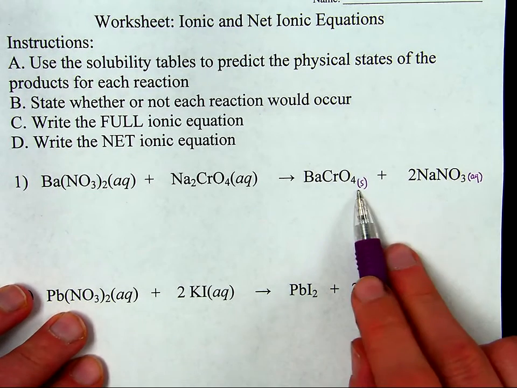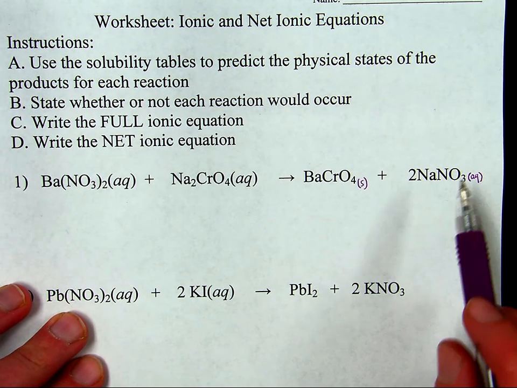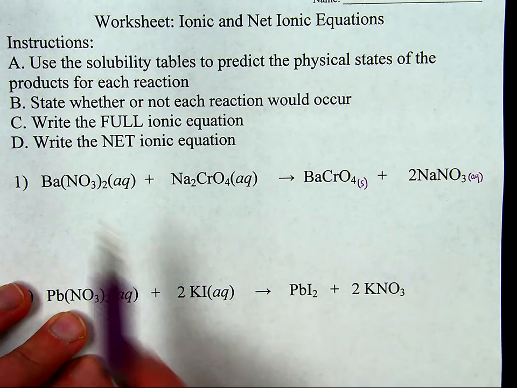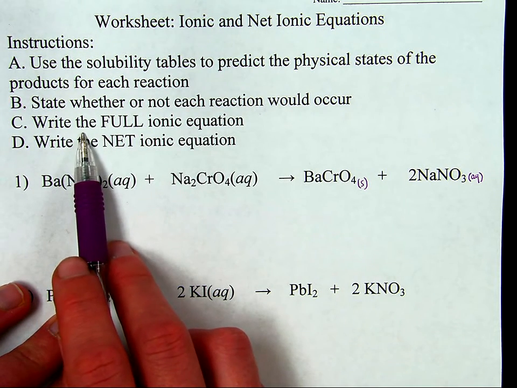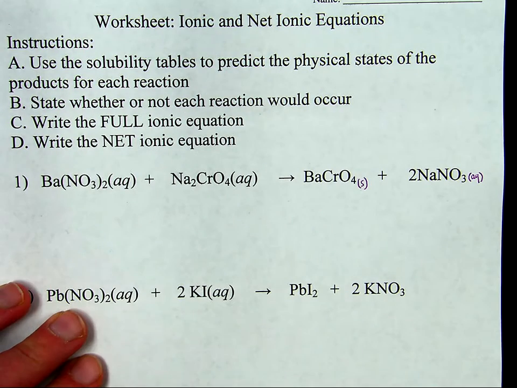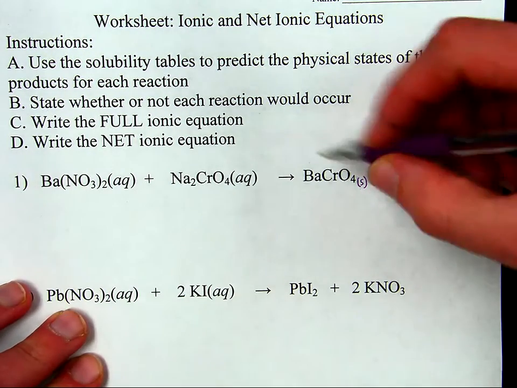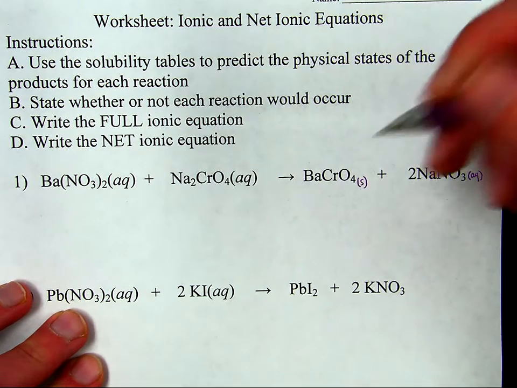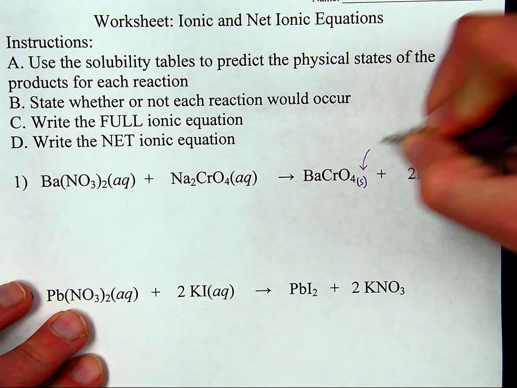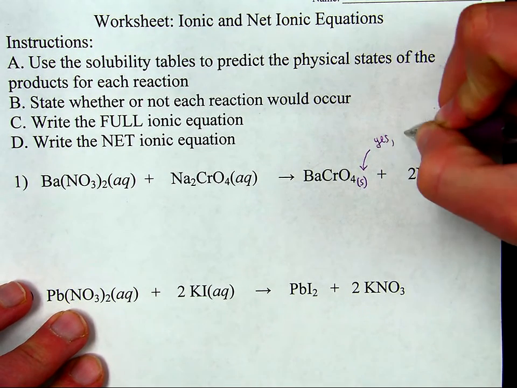This physical state of solid or aqueous determines how I write this out. Because next thing I'm going to do is the full ionic equation. I suppose I should do this one first, whether or not the reaction occurs. Because one of the things in the reaction is not aqueous, I say yes, the reaction happens.